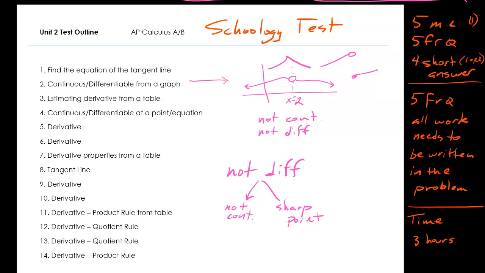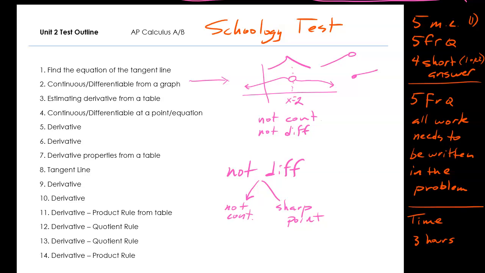If it's a continuous line, the only way they're going to be different is if it's a sharp point. I'm trying to think of any other loophole, but I want to say a sharp point is the only way. Because if it's not continuous, whether that's a hole, a gap, or an asymptote, then it automatically is not differentiable.